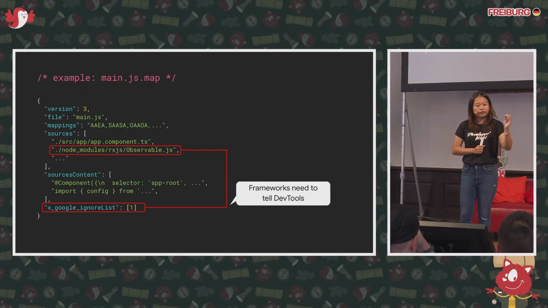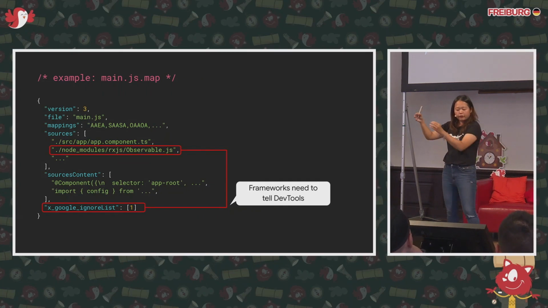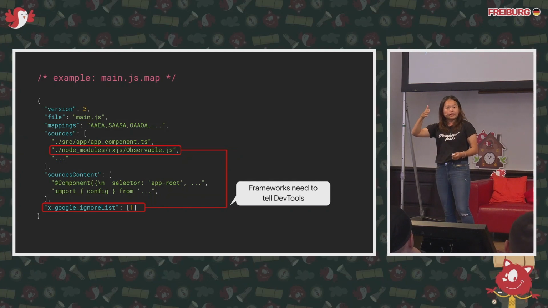If the frameworks or the DevTools that you are using understand the Google ignore list column, and the frameworks populate that, then DevTools will use this information to hide it from the screen, like what you saw just now.